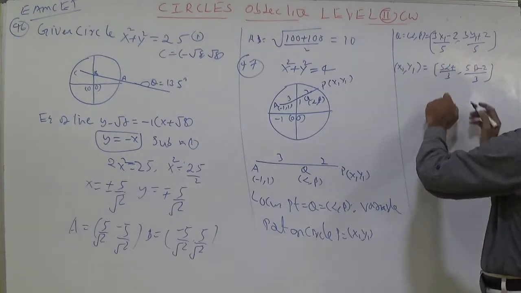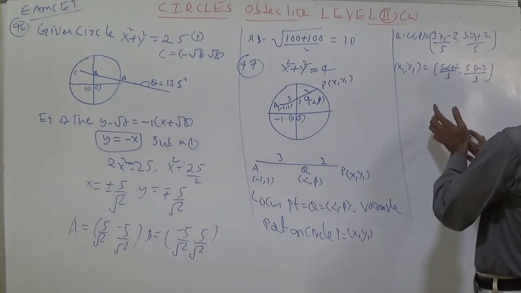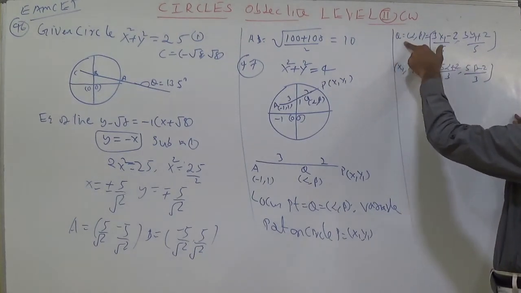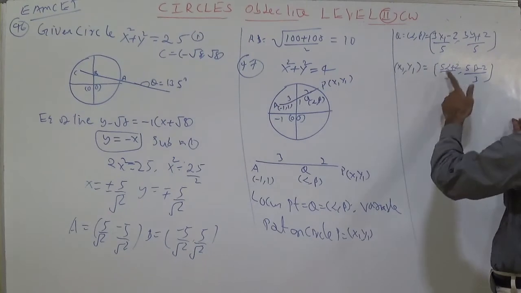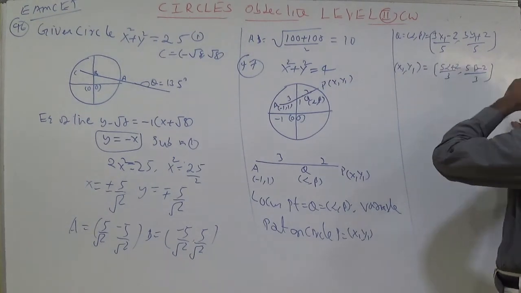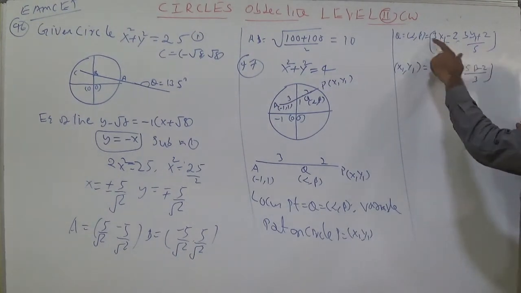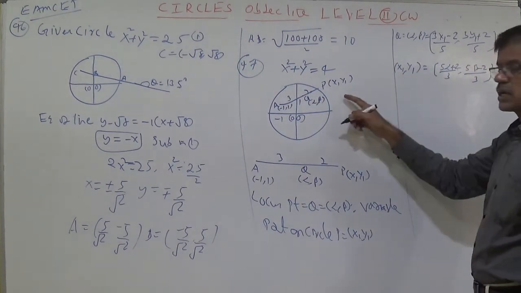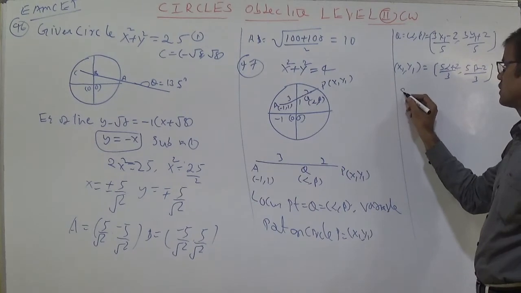5 alpha plus 2 is equal to, taking cross multiplication, 3x1, so x1 is equal to 5 alpha plus 2 by 3. In the similar way, y1 is 5 beta minus 2 by 3. Now substitute, because x1 comma y1 lies on the circle.